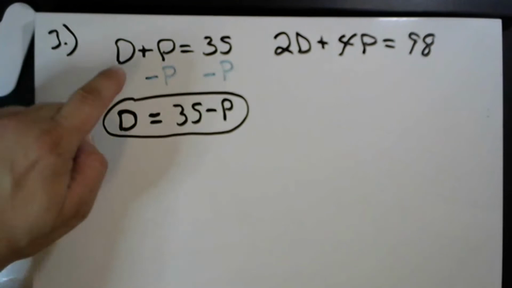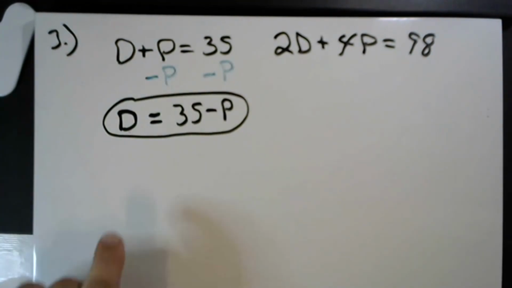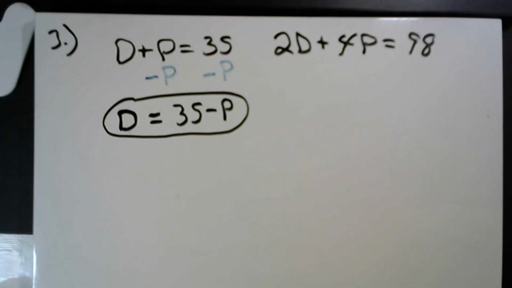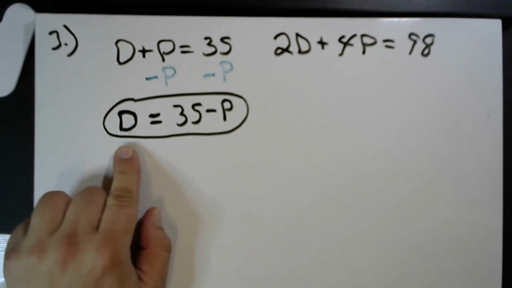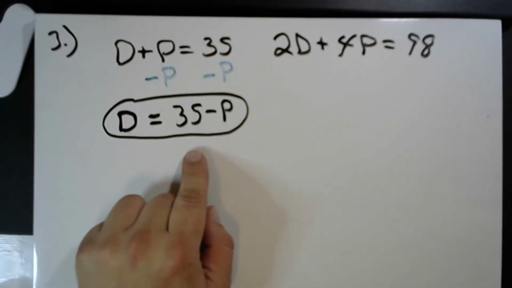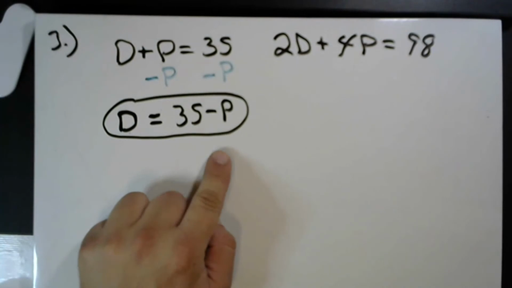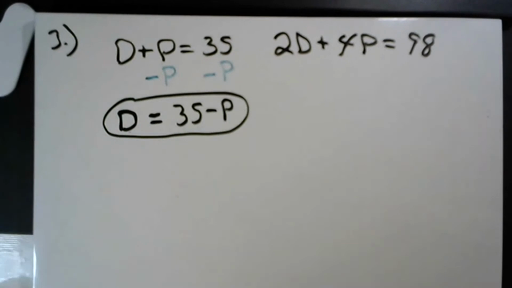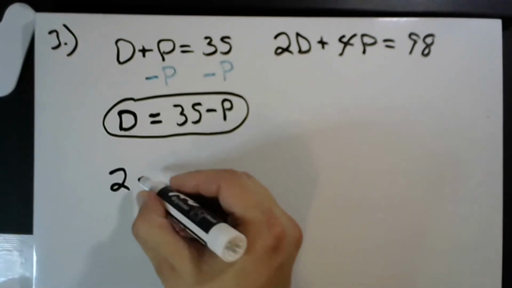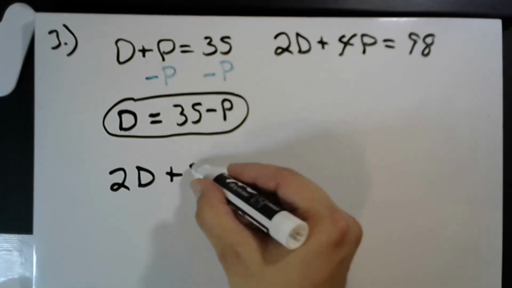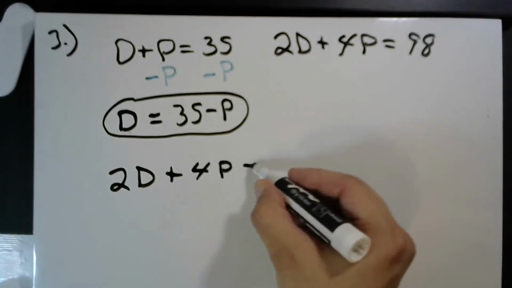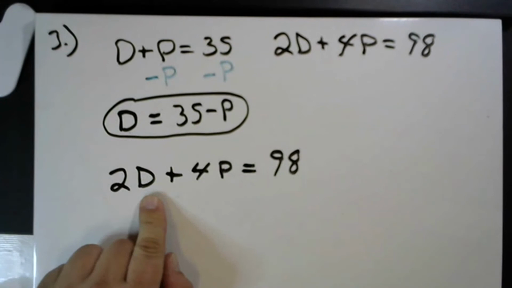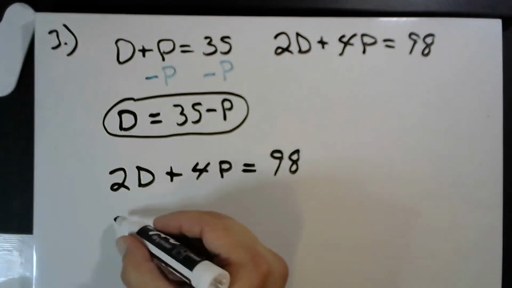So we take d plus p is 35, solve for d, and we get this. Now what this says is the number of ducks is the same as 35 minus the number of pigs. So now I go to the d here. Replace the d with that.